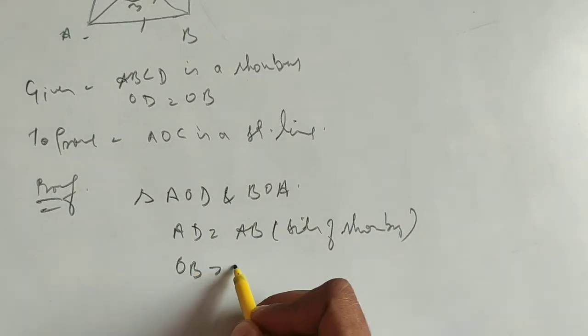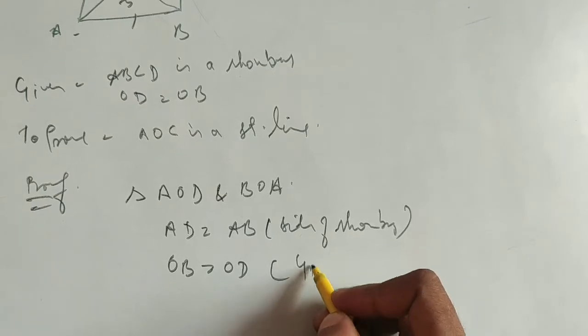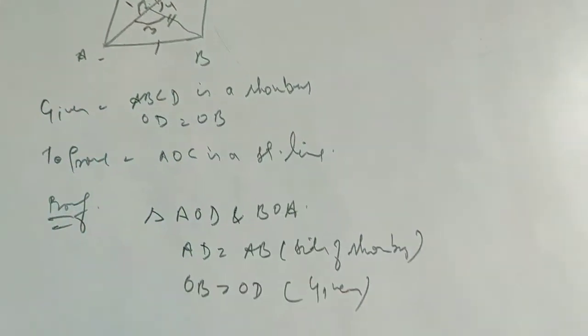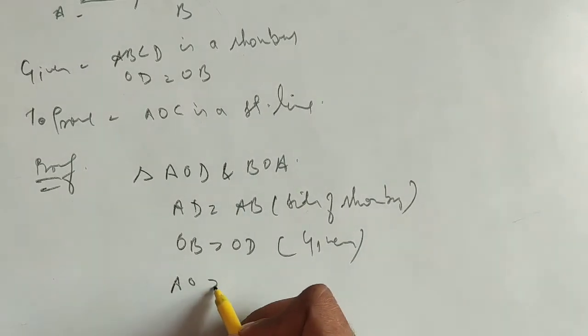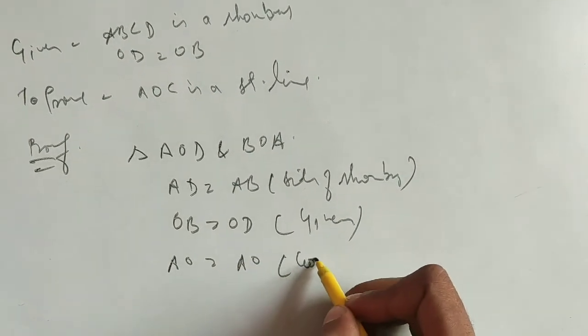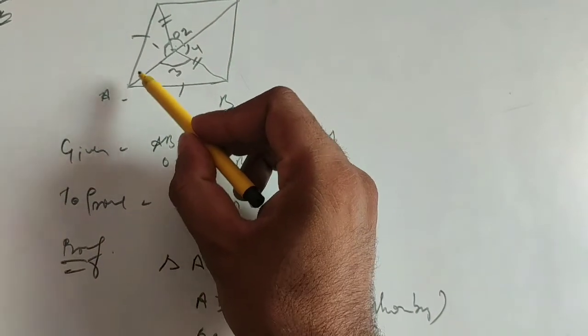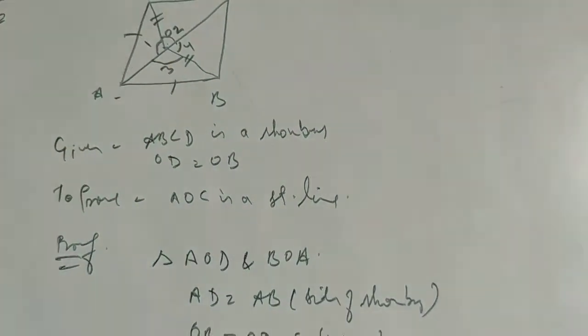It is also given in the figure that OB and OD are equal. And we also see that AO is equal to AO because it is common to both the triangles.